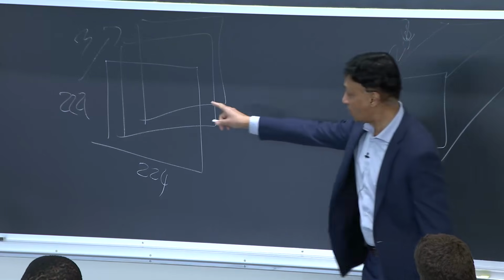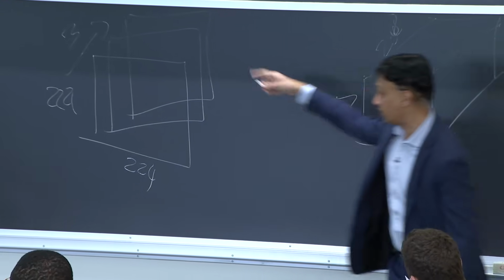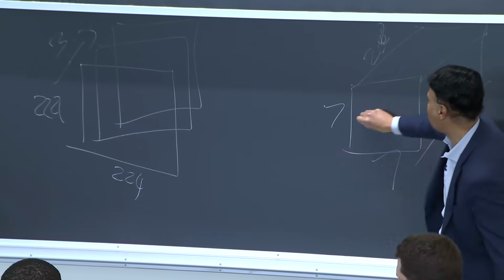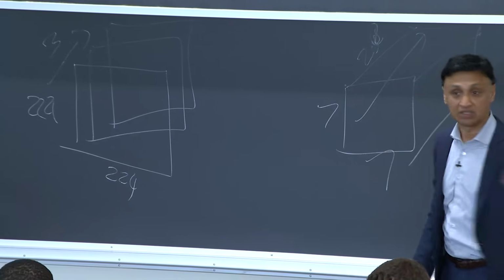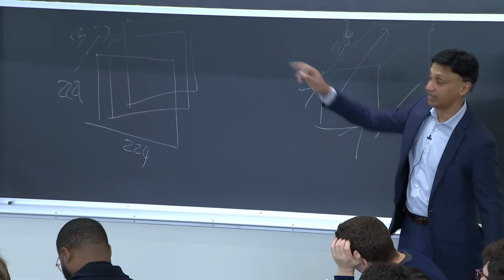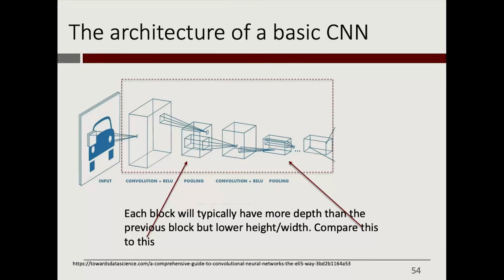So it has processed something which is 224 by 224 by 3 down to a much smaller height and width, just 7 by 7, but it's gotten much deeper, 2048 layers. This is a numerical example of what I'm talking about: as you go along, things get smaller but deeper. All right.